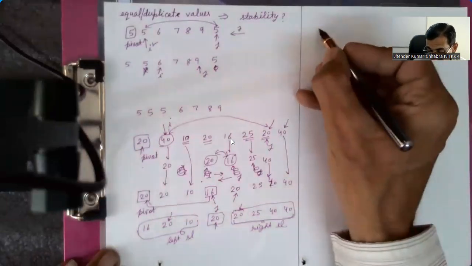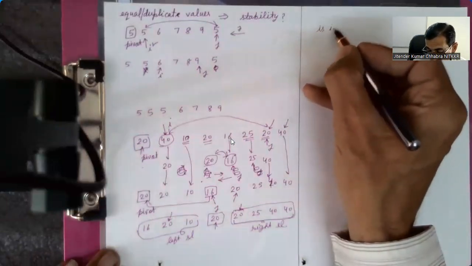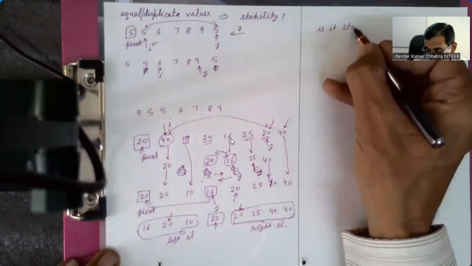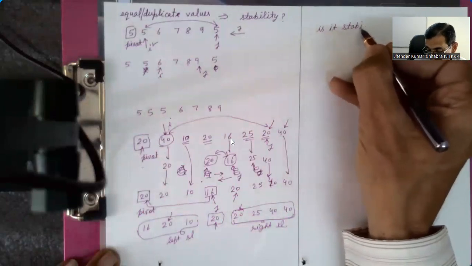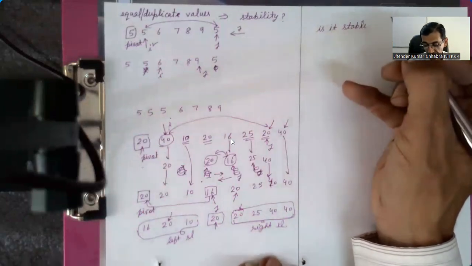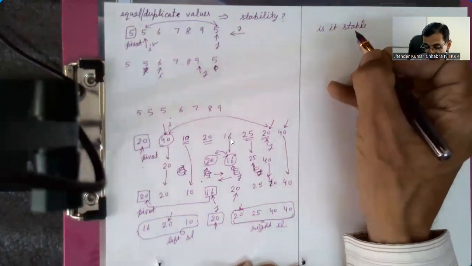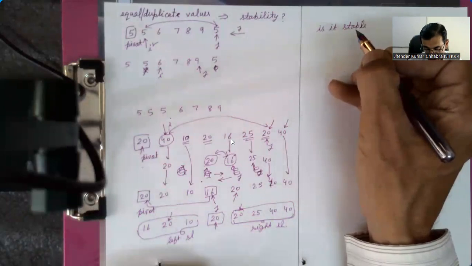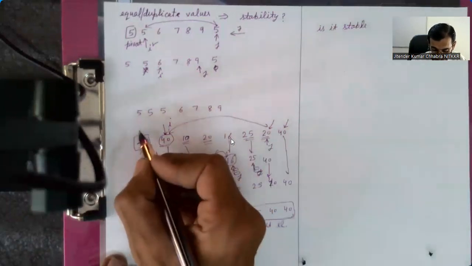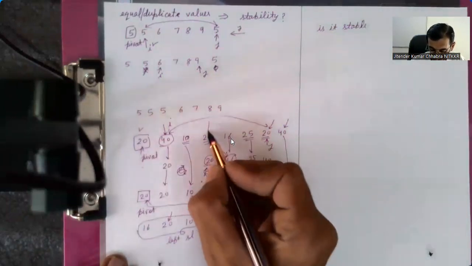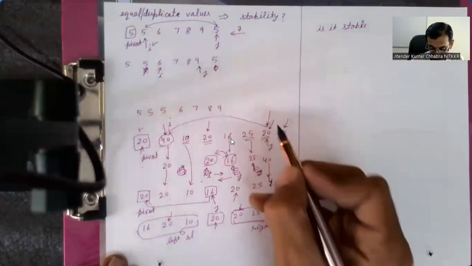Now just you see, is it a stable sort or not? And if you remember, stability meant that relative ordering of the records with the same key comparison value, are they preserved in that order or not? So this is 20, this is another 20, this is a third 20.